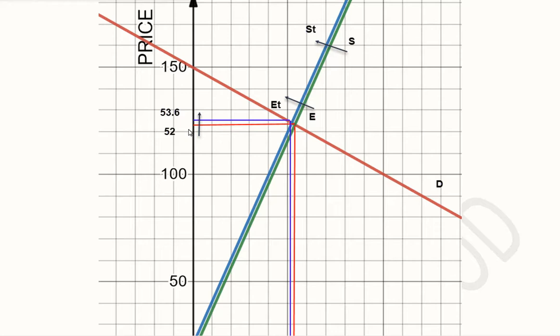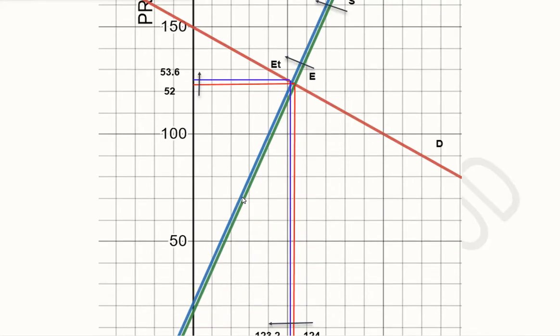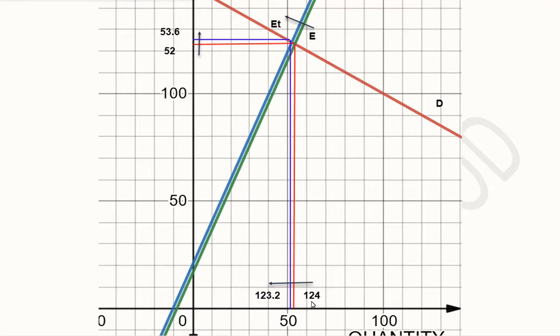Consequently, the equilibrium price has increased from 52 to 53.6, and the equilibrium output has decreased from 124 units to 123.2 units. So this is quite evident and expected, because the price had to increase after the imposition of tax and the equilibrium output had to be discouraged a little bit, which is evident from the graph.